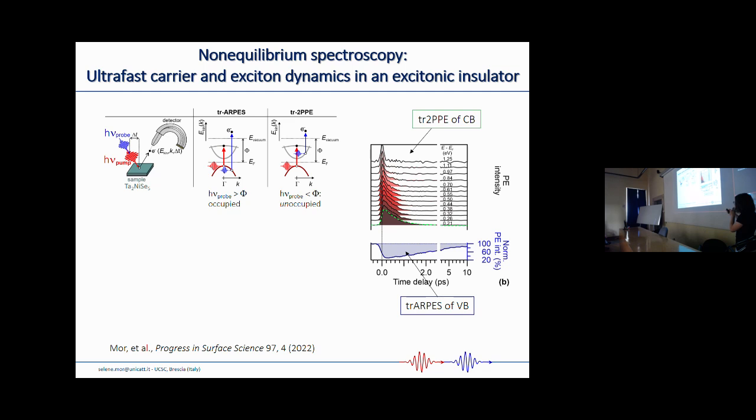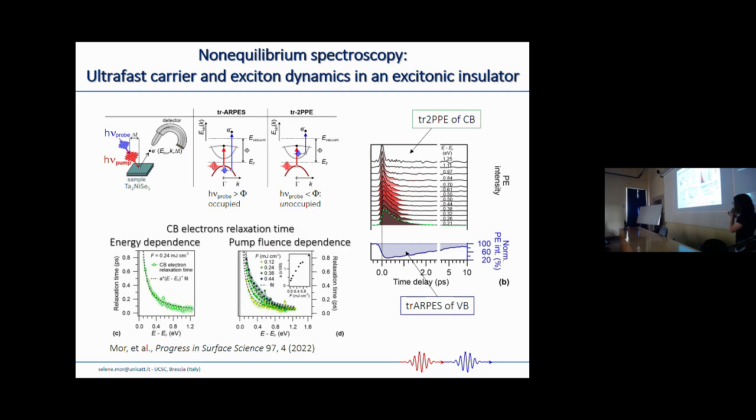And because you have the energy resolution, the conduction band electrons can be followed in their relaxation as a function of energy, and you can see that the lower the energy, so the more you move towards the conduction band bottom, the higher the relaxation time, and indeed this intensity is persisting a bit longer than up there.